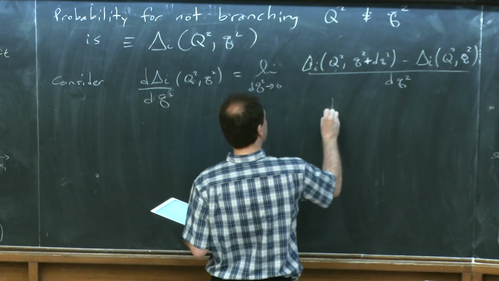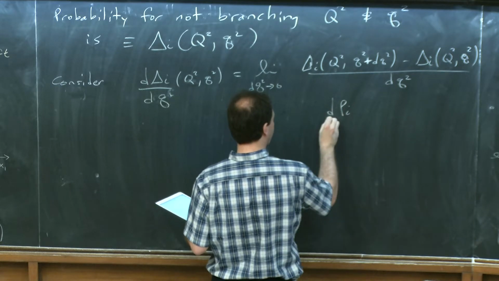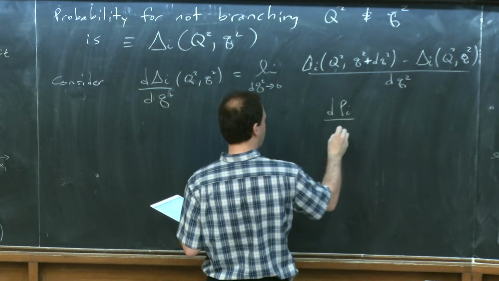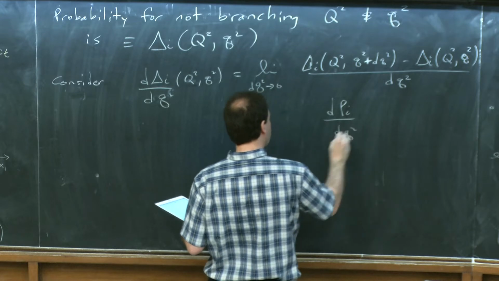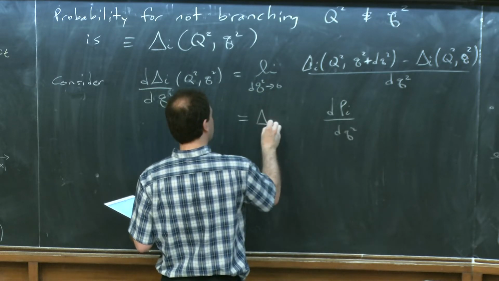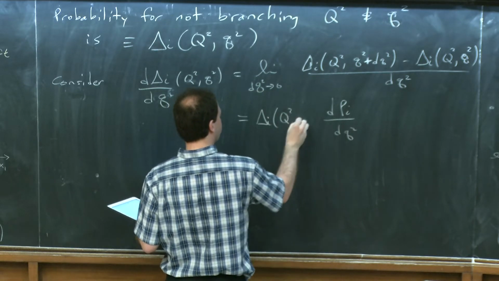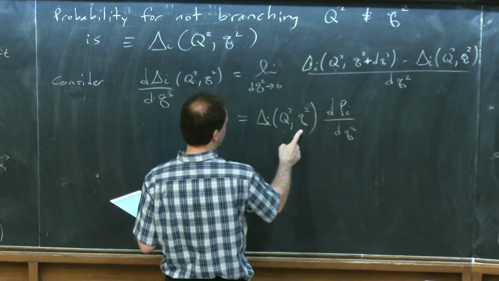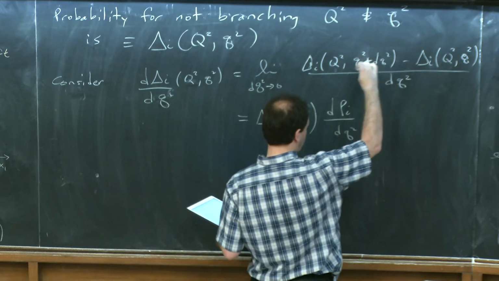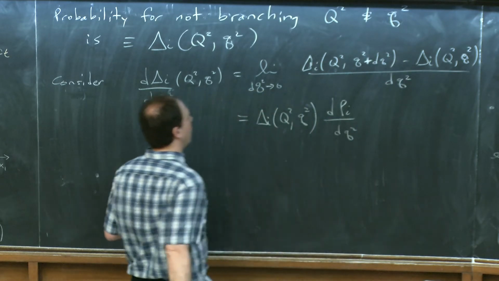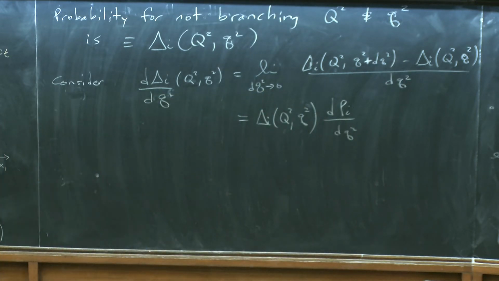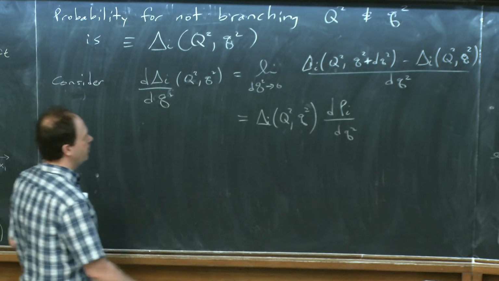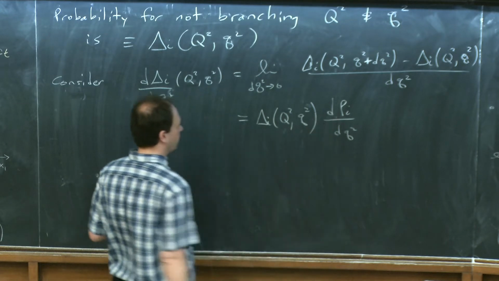So this thing is proportional to the branching divided by the branching probability, dpi, divided by dq squared, and then multiplied by a factor that said at least there's no branching between capital Q squared down to little q squared, and then there's a probability that the extra little piece between these is this dpi. Okay, so the numerator is delta I times dpi. And this is the way in which the no branching probability is related to the branching probability.